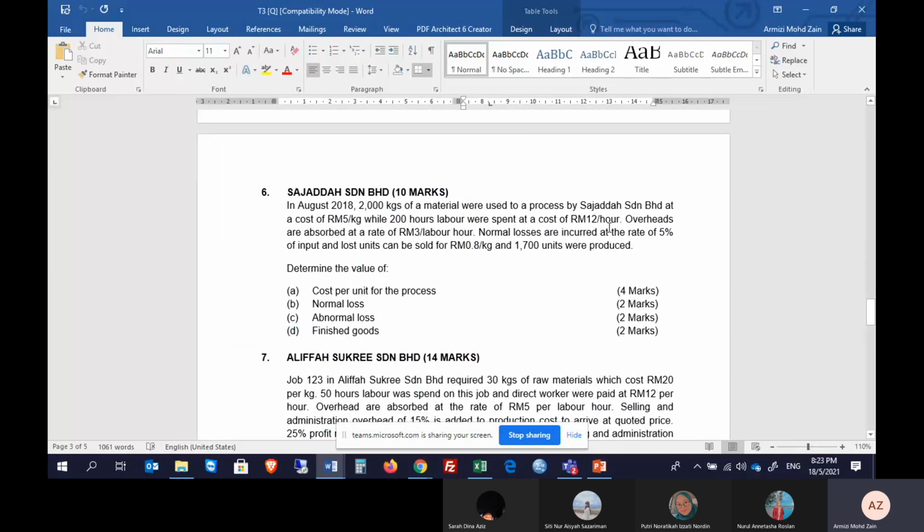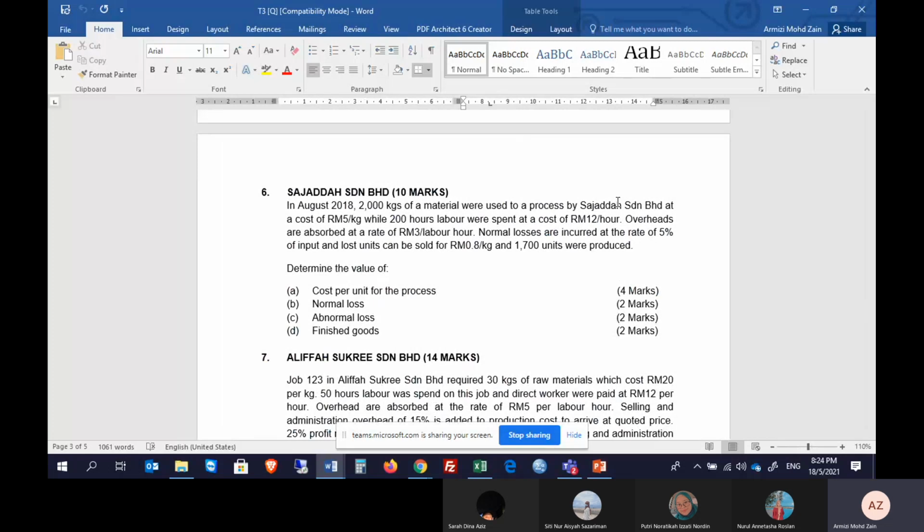In August 2018, 2,000 kg of material were used in a process by Sajadah Berhad at a cost of RM5 per kg, while 200 hours of labor was spent at a cost of RM12 per hour.